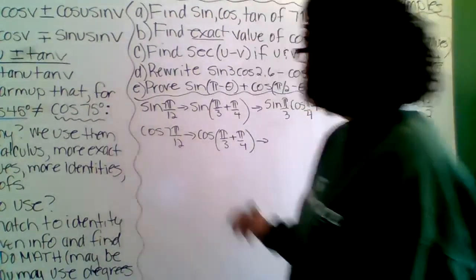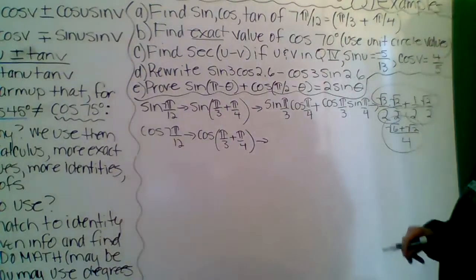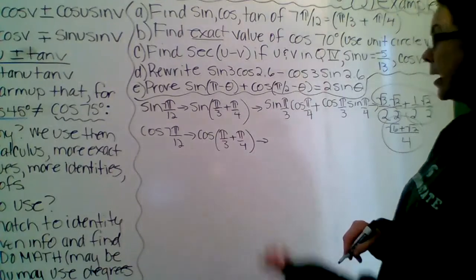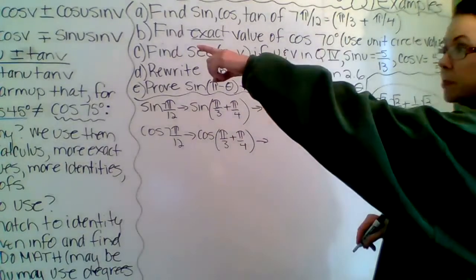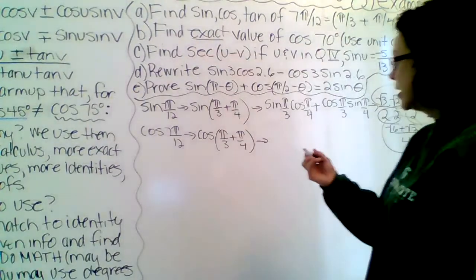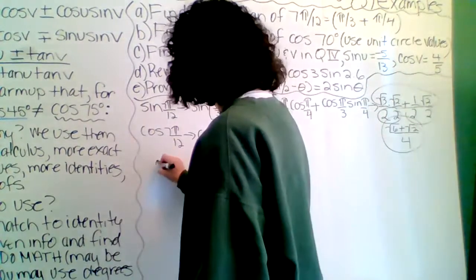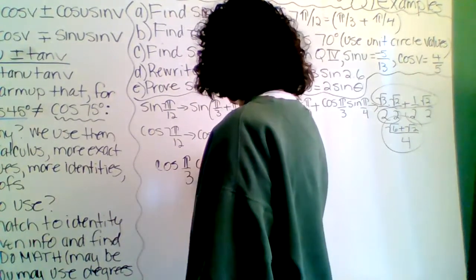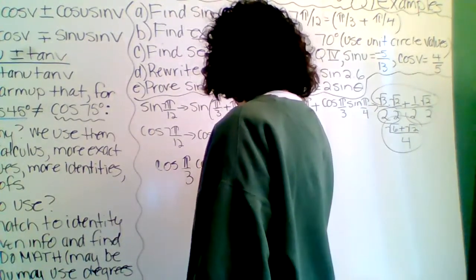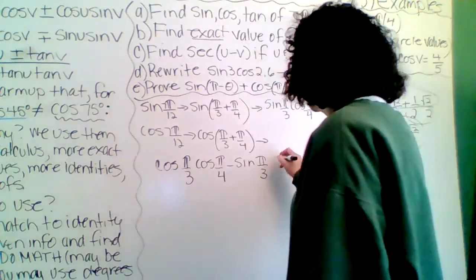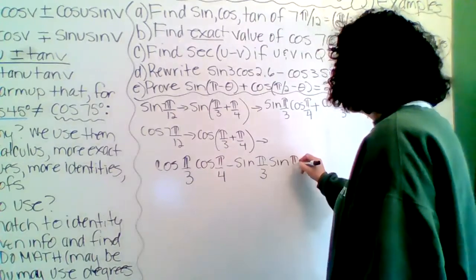Cosine of 7 pi over 12 is cosine of pi over 3 plus pi over 4, right? And so that is cosine of 2 angles being added. I'm looking at the formula right here. You have it in your notes. That would be cosine of pi over 3, cosine of pi over 4, minus sine of pi over 3, sine of pi over 4.